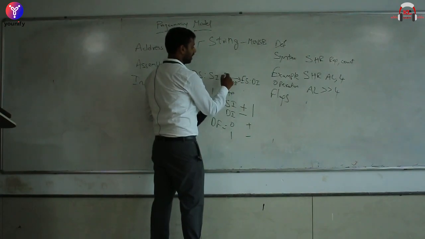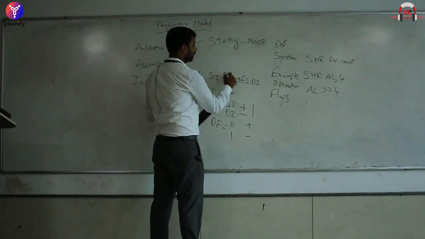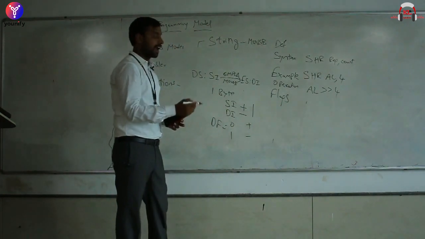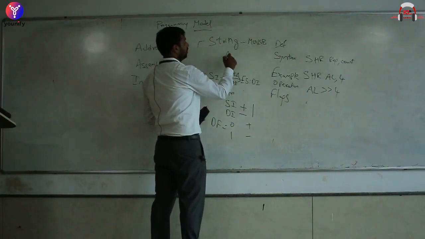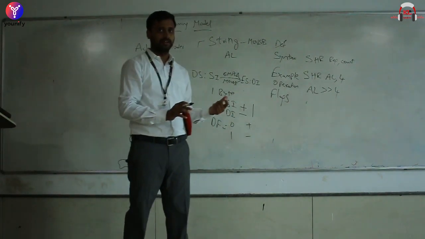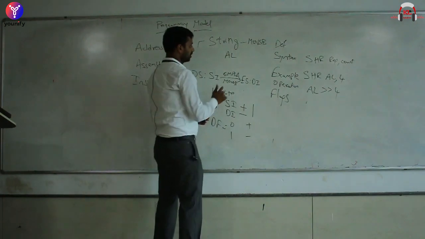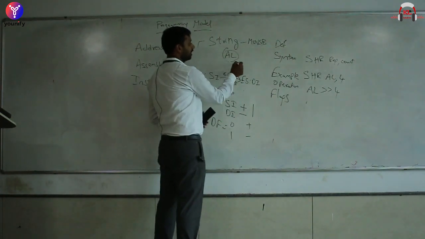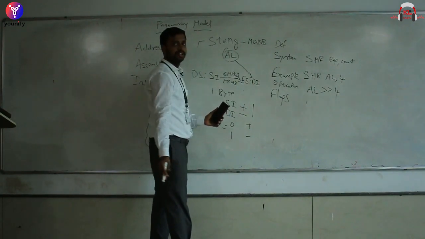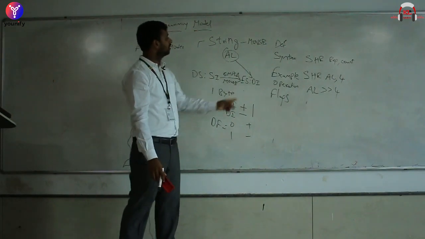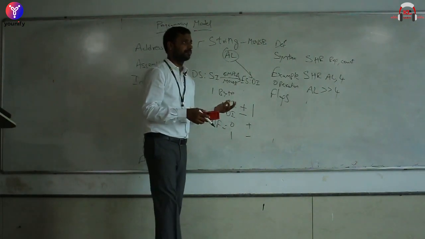Besides MOVSB, we have CMPSB, and we can also scan. Scanning is nothing but finding, like doing a Control F operation on a whole word. So what character you want to search in the whole string, you put it in AL and check it on DI. End of the day, this happens to be the source and this is your destination. So where should I check for my string?